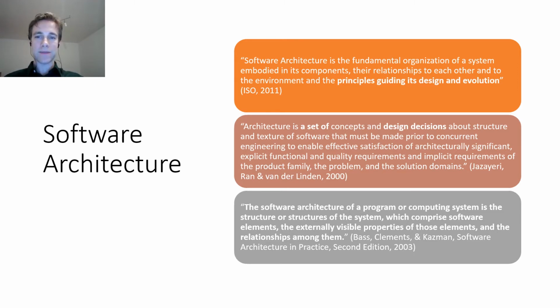In the second definition, it says that the software architecture is a set of design decisions about a software system. And the third one, which is my favorite and the closest to software engineering and software development, says the software architecture of a program or computing system is the structure or structures of the system, which comprise software elements, the externally visible properties of those elements, and the relationships among them.